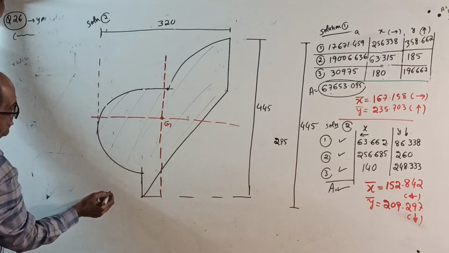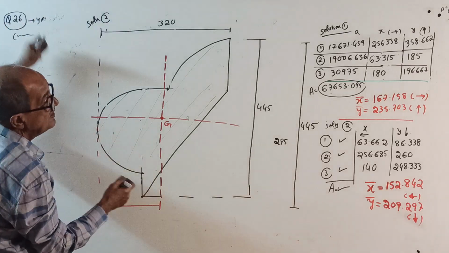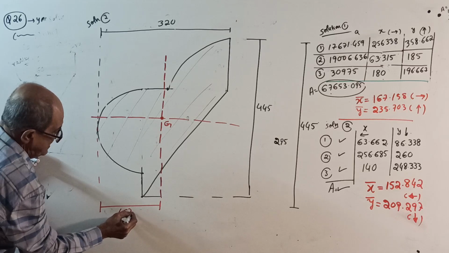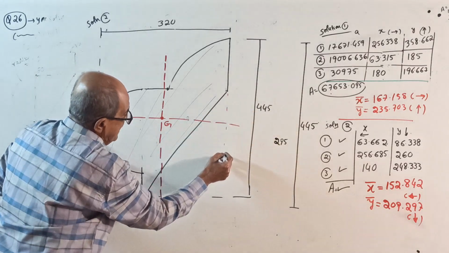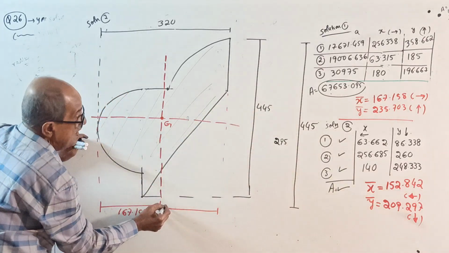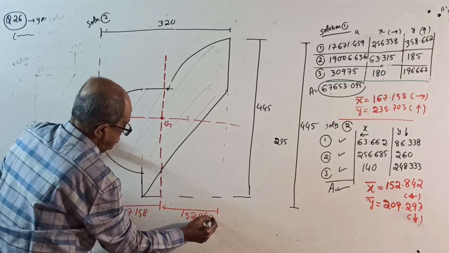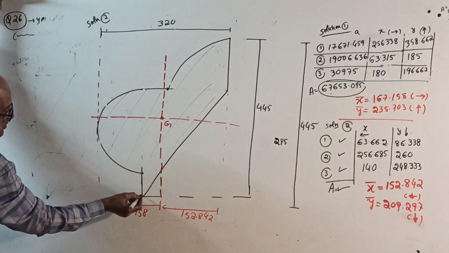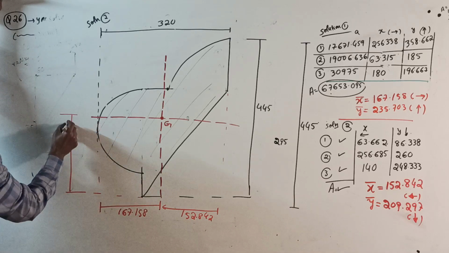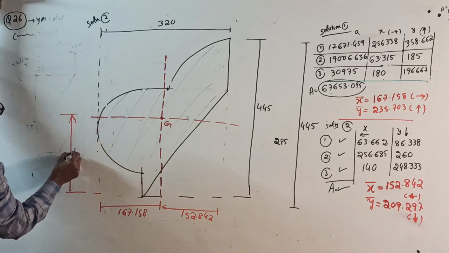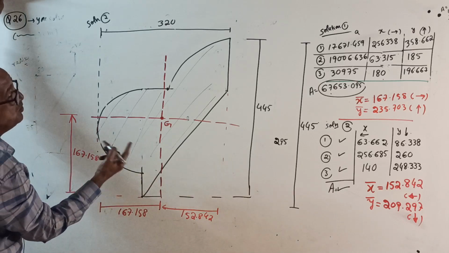If you mark this way, this distance is 167.158, and that distance from that end is 152.842. This distance is 167, which is Y bar, which is X bar, which is calculated, you decide.